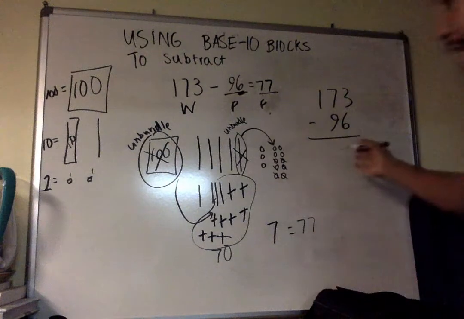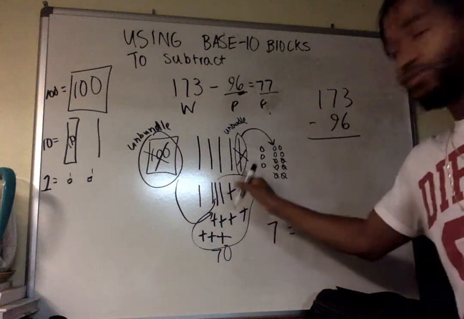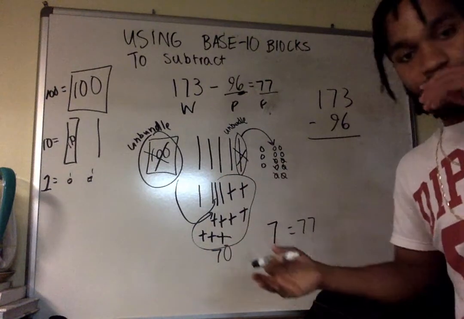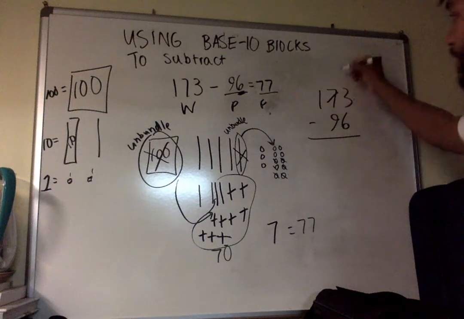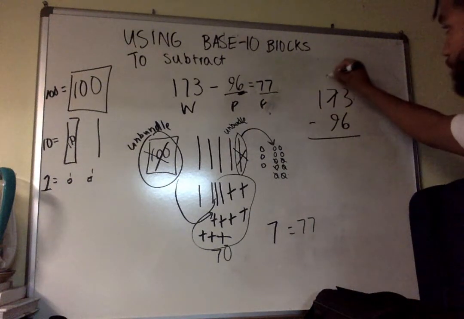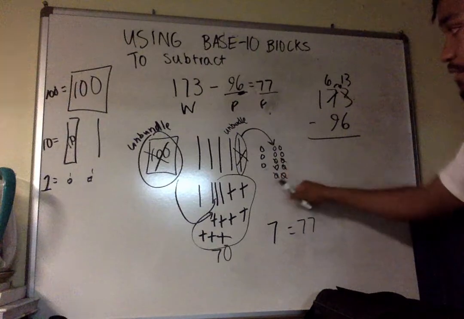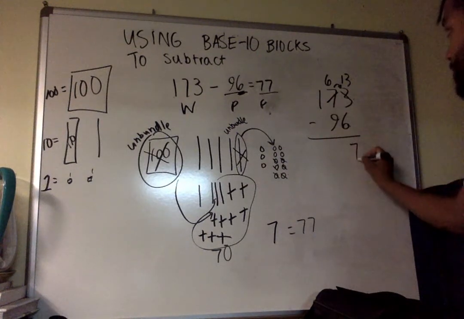Traditionally, with the stacking, the same thing would kind of be going on, but kids wouldn't see the actual effect. You can't take 6 from 3. We know that this 7 then becomes a 6. This becomes a 13, just like we had over here. 13 ones. 13 minus 6, 7.